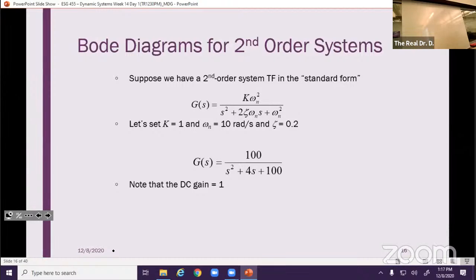And again, we've got to find our DC gain. So what's the DC gain? Well, it says there that it's 1. Is that true or false? How would you check it?